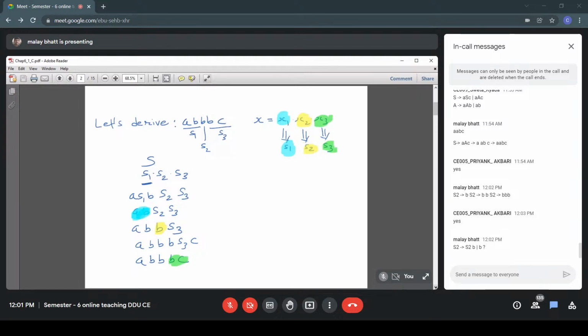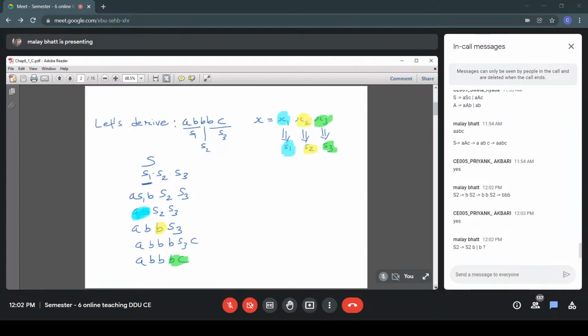Now from S2, we want B, so we directly use the terminating condition and replace S2 with B. At last, we have S3, from which we derive B S3 C, and putting S3 equal to null, we get A B B B C. That is the required string.